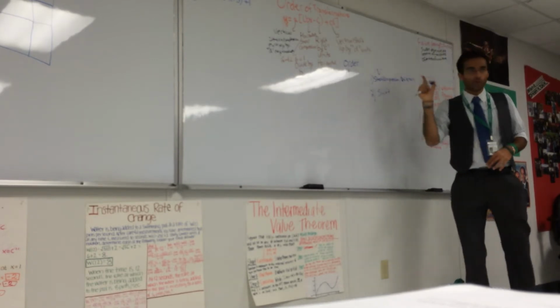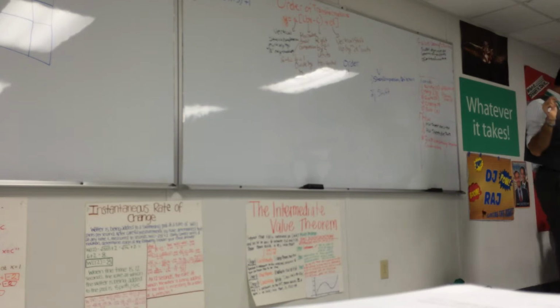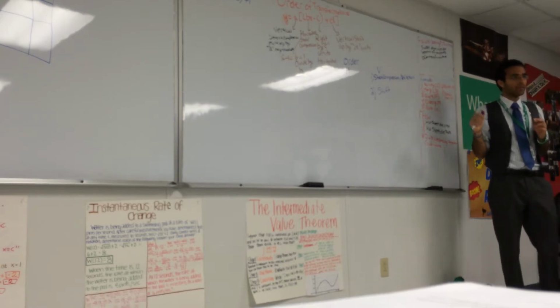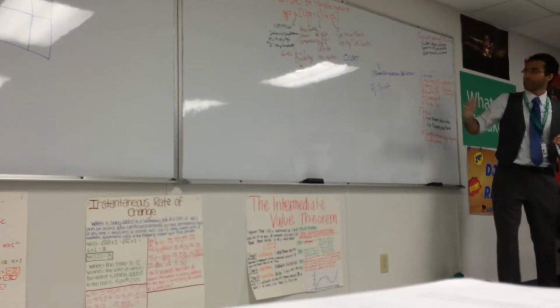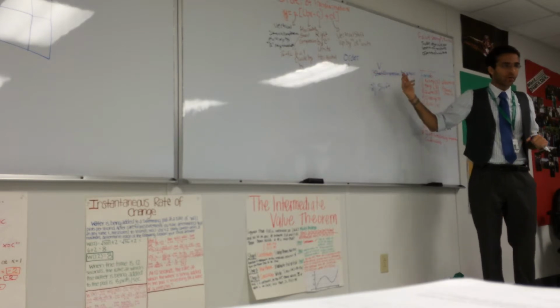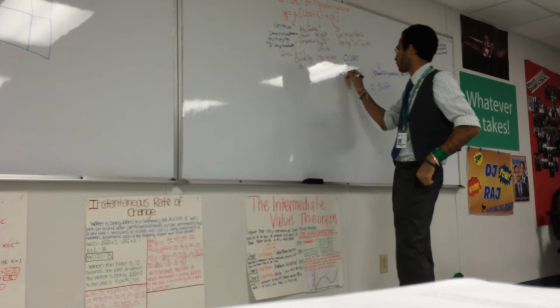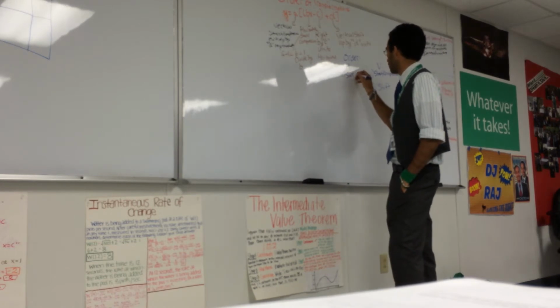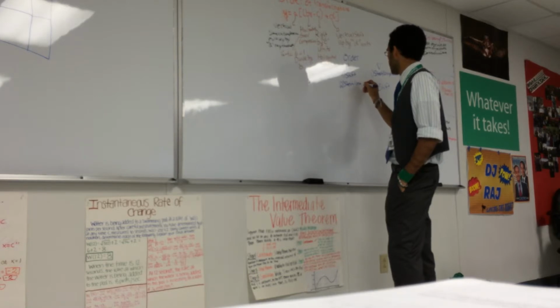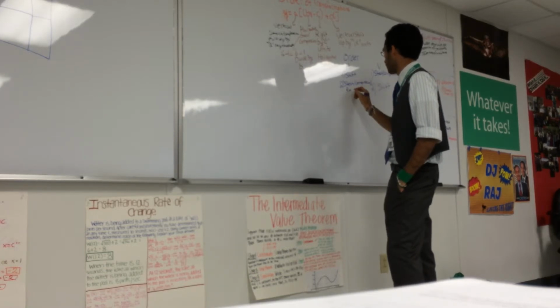This is the pattern for vertical. And just like everything for horizontal is backwards, for horizontal we do the exact opposite. So the first thing we do for horizontal is the shift, and then the stretch, compression, reflection.